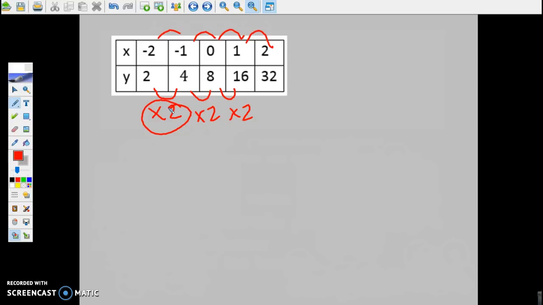If we look at this, step 1 says, is the growth exponential? Yes. And it increases by a multiplier of 2. That represents b in our equation of y equals a times b to the x power. Because that multiplier is 2, then b equals 2.